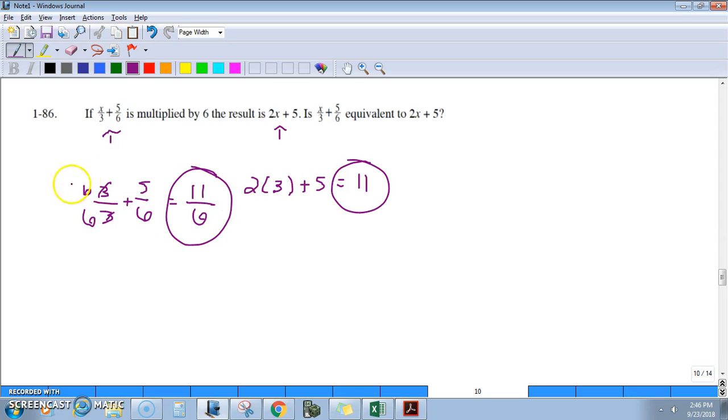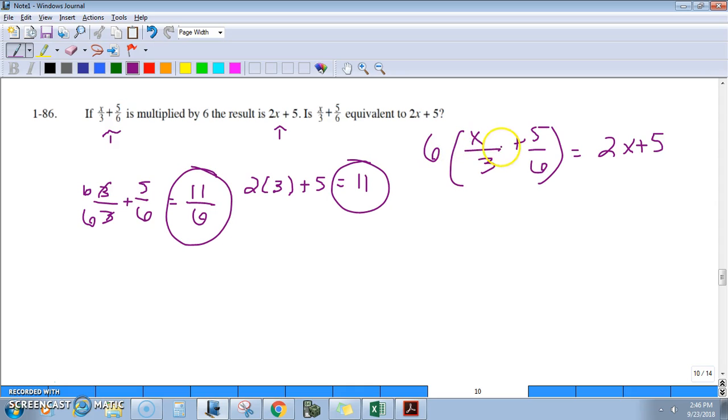So the reason is, the way I was originally thinking of it is, if we wanted to say they were equivalent, and I said x over 3 plus 5 over 6 was equal to 2x plus 5, right? And this goes back to some of our rules. And we multiply this whole thing by 6. What do I always tell you guys?